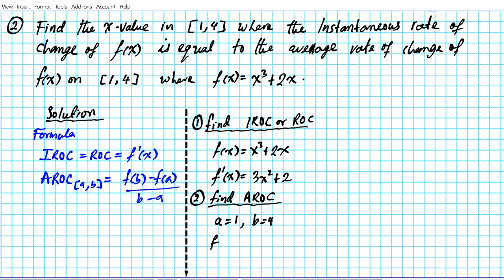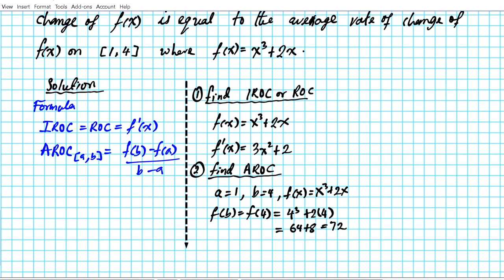We need f of b, which is f of 4, so plug that into the function. What's the function? The function is x to the third plus 2x. So if you plug in 4, you have 4 to the third power plus 2 times 4. All right, apply your order of operations here. You have 64 plus 8, which is equal to 72.